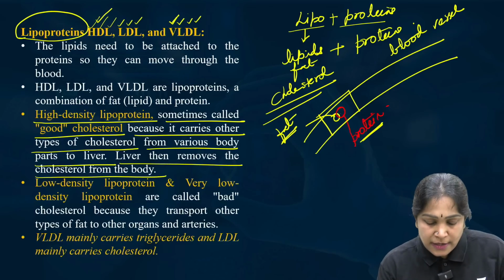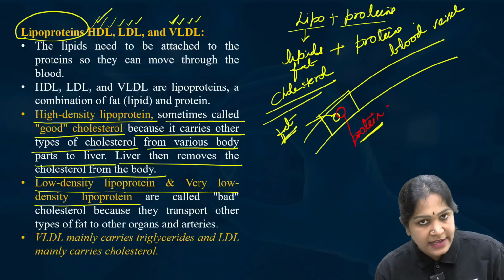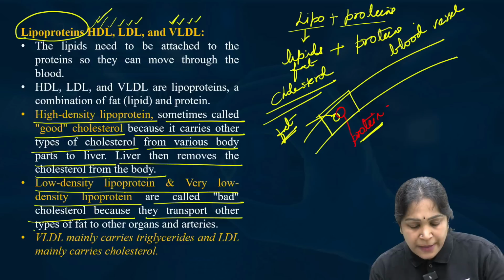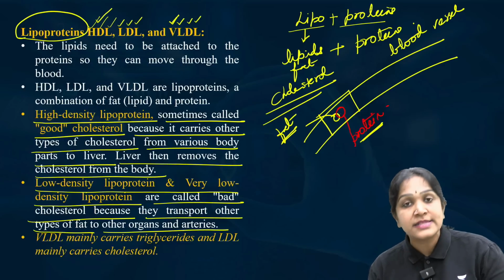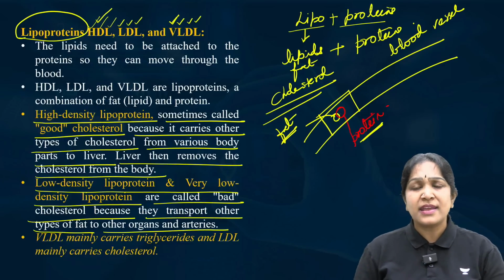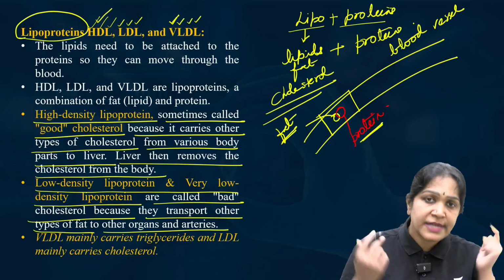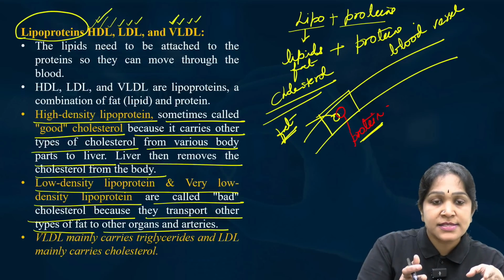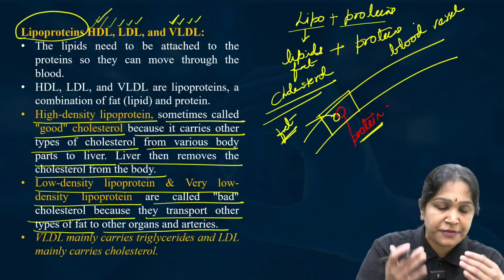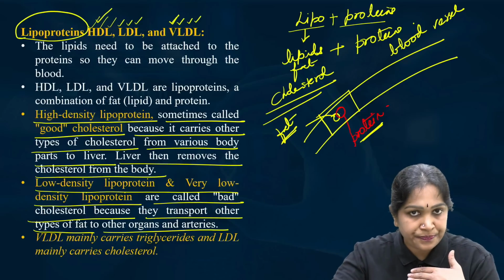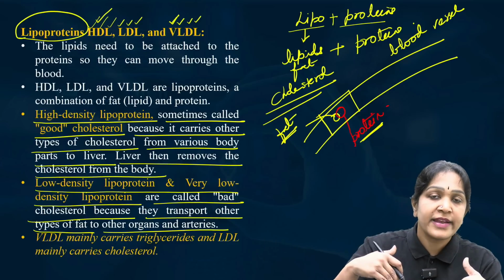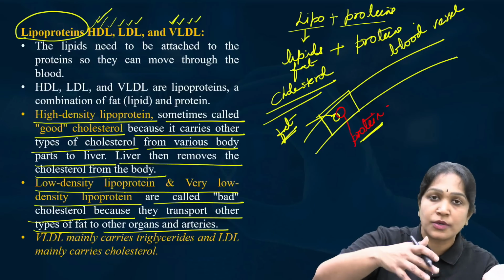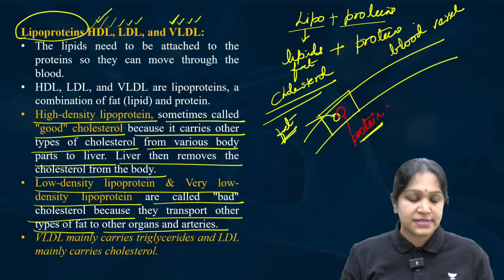Whereas LDLs, low density lipoproteins, and VLDLs are called bad cholesterol because they transport other types of fat to the organs and arteries. I mean, in a way, they do the opposite of the HDLs. HDL is carrying the cholesterols from the organs to the liver, whereas LDL and VLDL will carry the cholesterol to the organs, not only to the organs, but to the blood vessels.